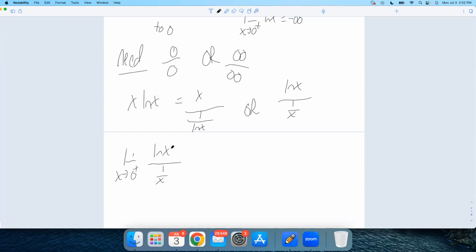What does this guy tend to? As x goes to 0, this guy goes to negative infinity, but I don't care about the negative. This is going to be type infinity over, what does 1 over x do? As x is approaching 0, this guy wants to go to infinity. He happens to be positive, but I don't care about the pluses and minuses here. Still type infinity over infinity.